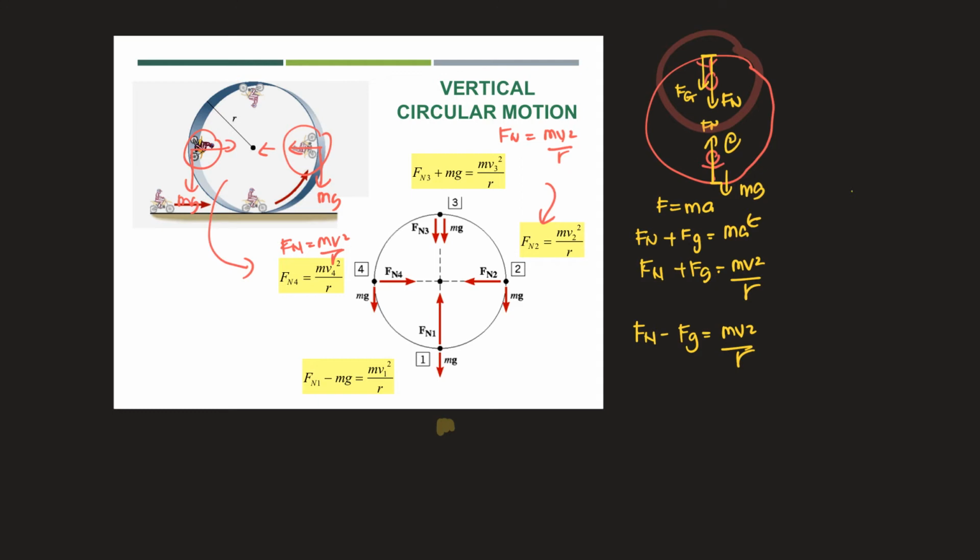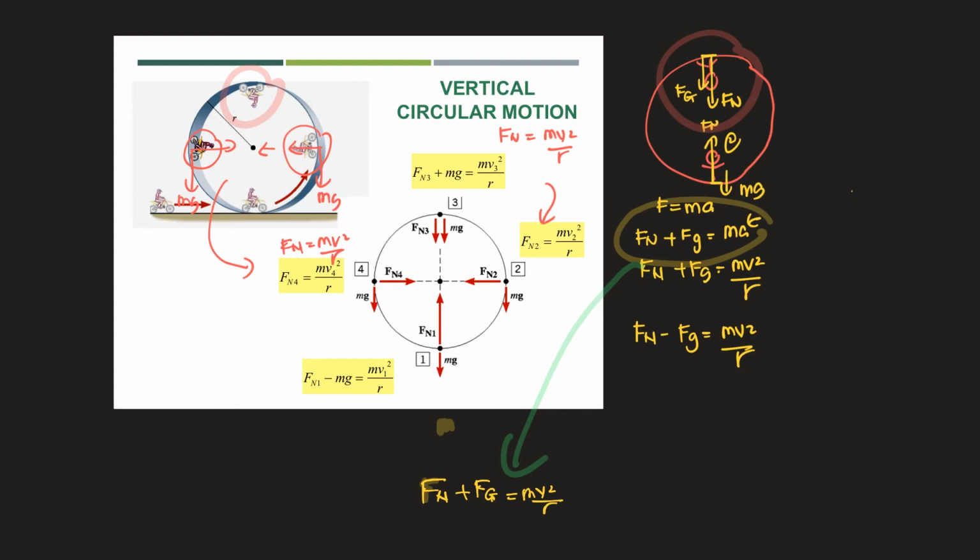For this example, if the question states minimum speed, the formula at the top is going to be Fn plus Fg equals mv squared over r.